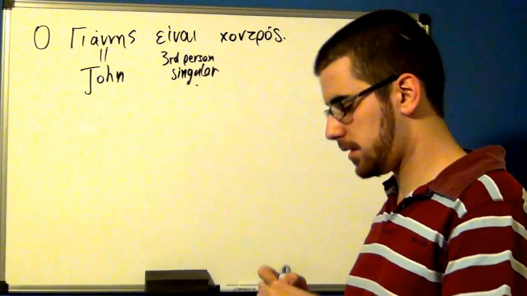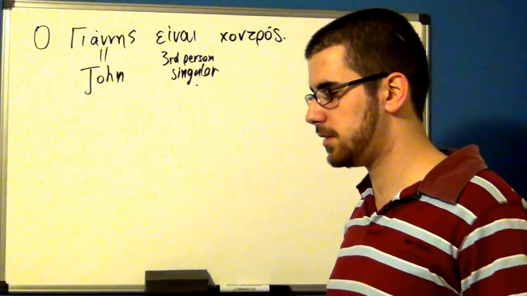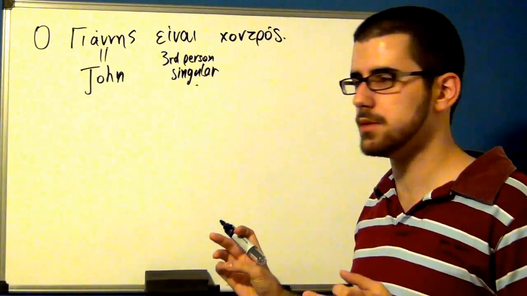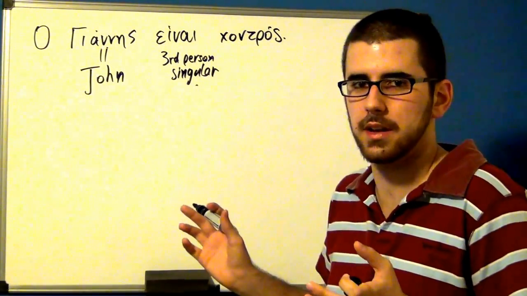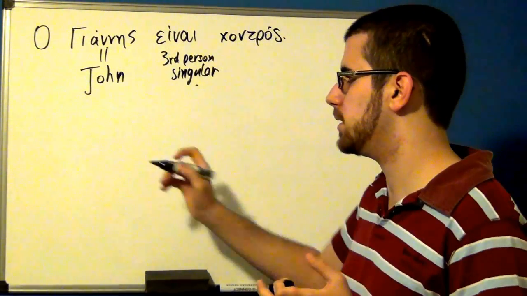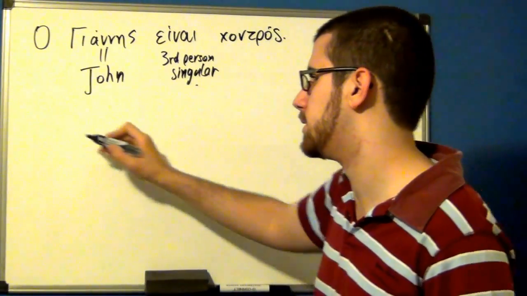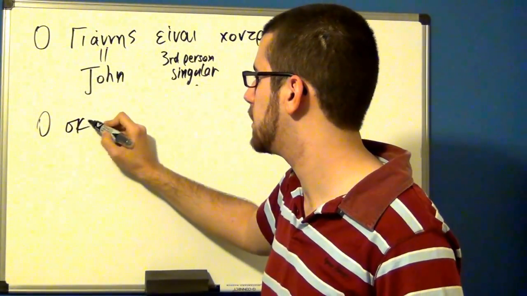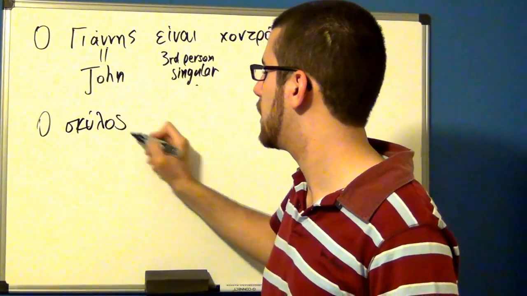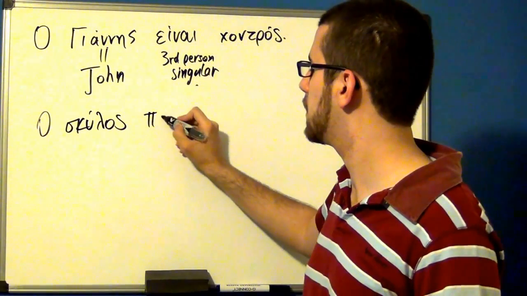So, having said that, the rest of the concept is pretty much the same. Whatever you want to say, I was talking about dogs all the time. Ο σκύλος παίζει.